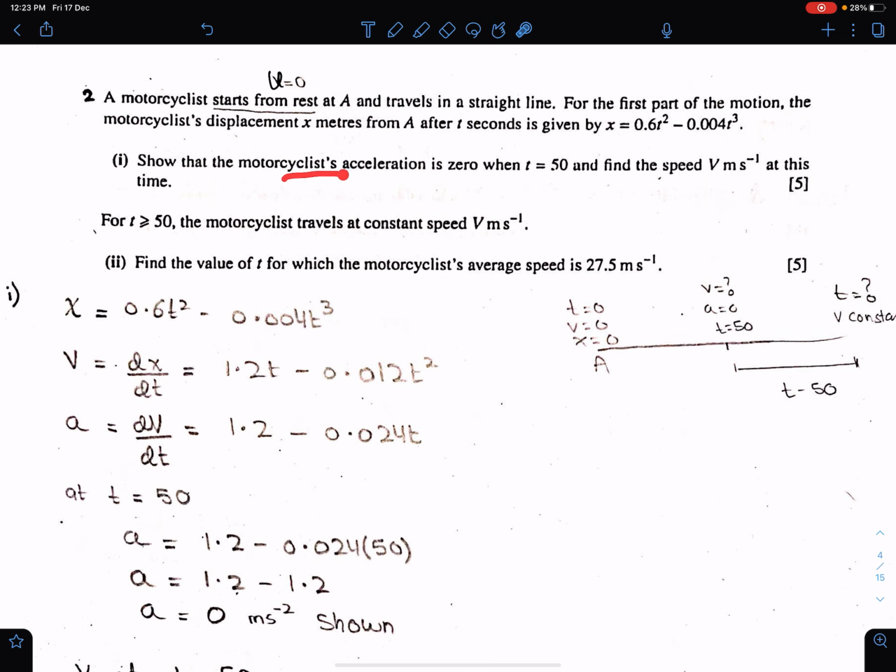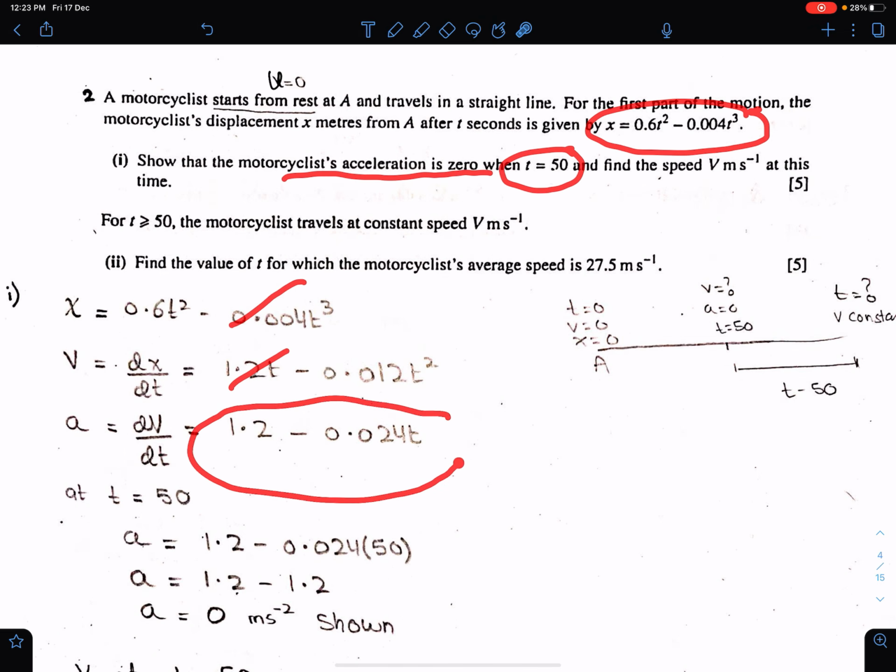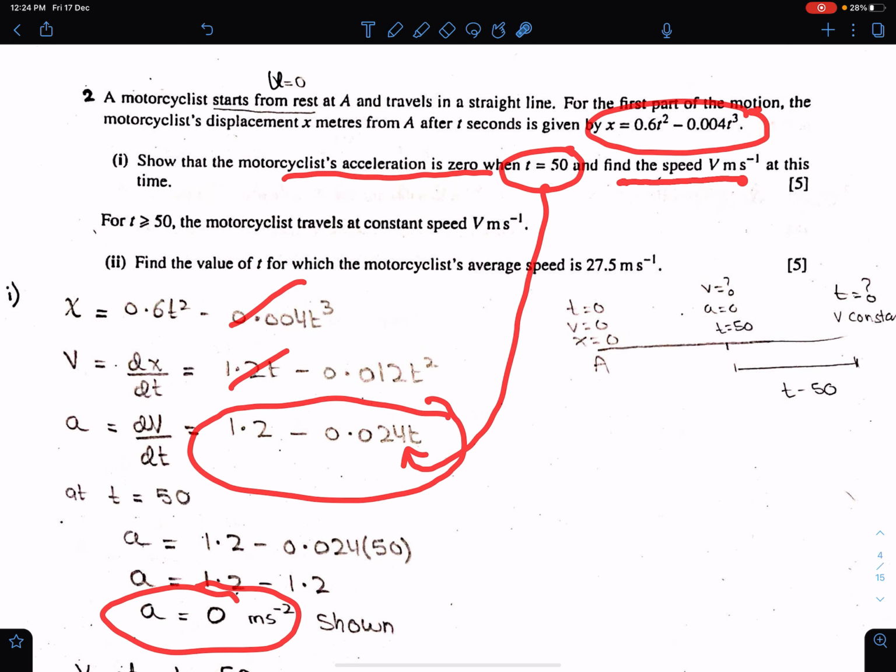Show that the motorcyclist's acceleration is 0 when t is 50. For that, you need to differentiate this equation twice. When you differentiate this equation twice, you will get the equation of acceleration. And when you substitute 50 here, you will get 0. And now find the speed v at this instant.